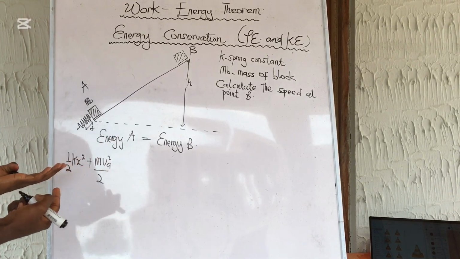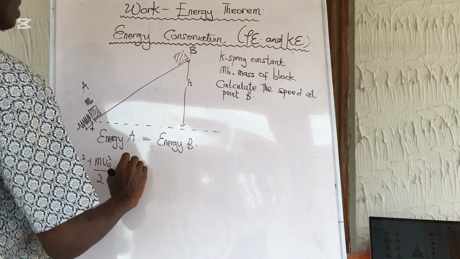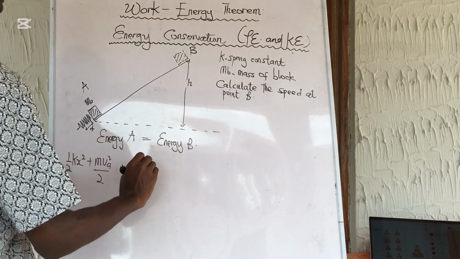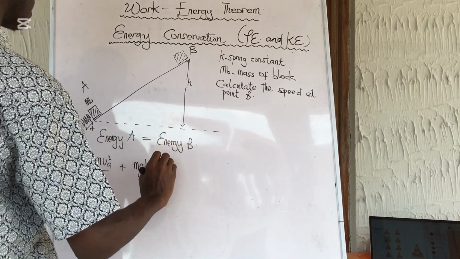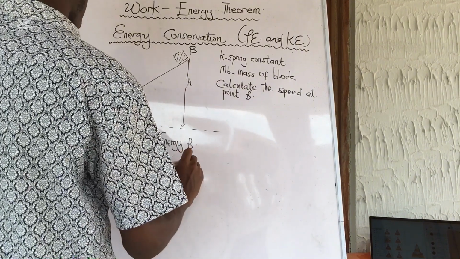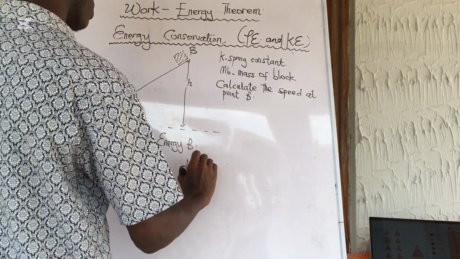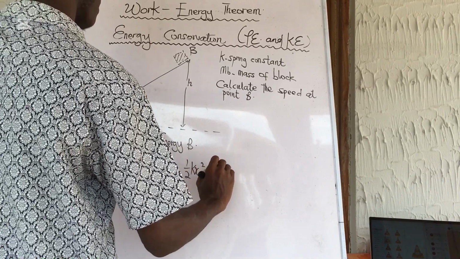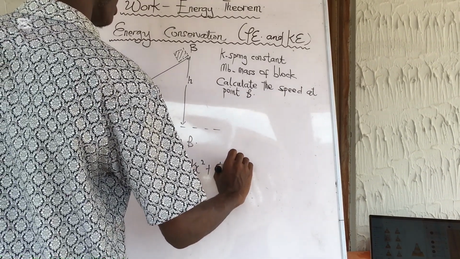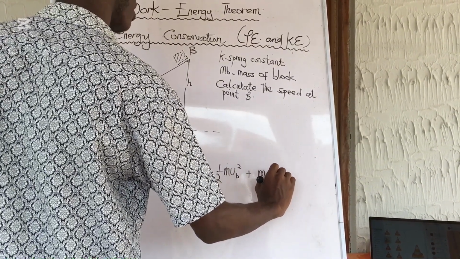I know it is 0, but I'm still writing it so that it will help you understand what I'm doing. Plus your mgh. You know that here your height is also 0, but I'm still writing it. It's equal to, at this point we have no spring energy, but I'm still writing it, so half kx square plus half mv square at B plus mgh at point B.